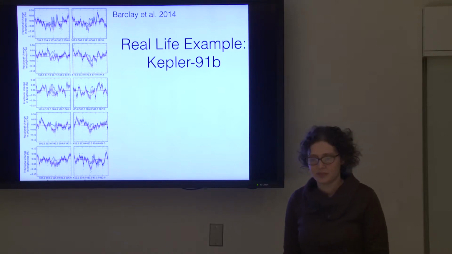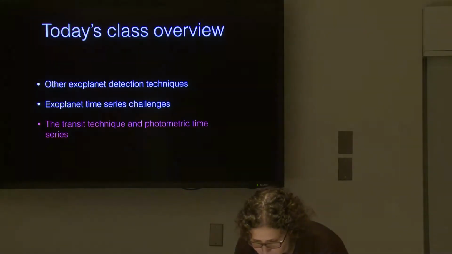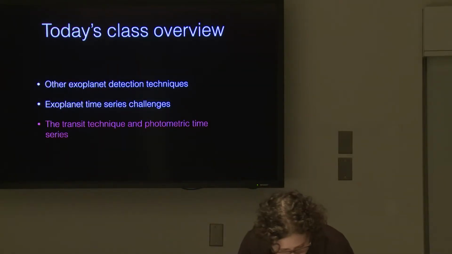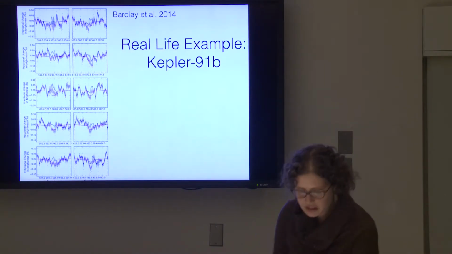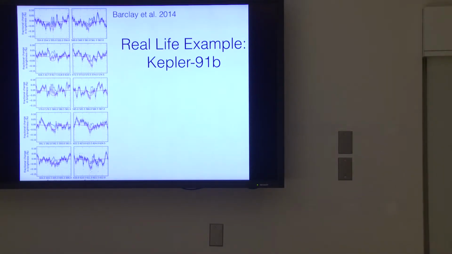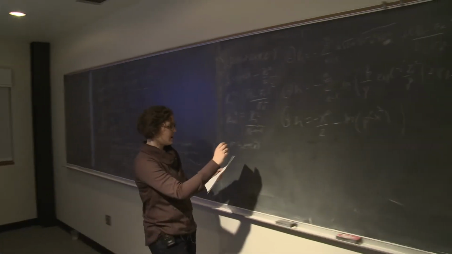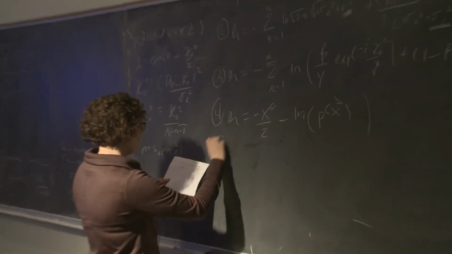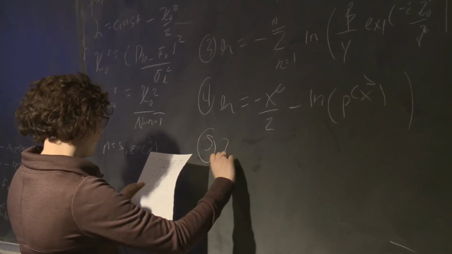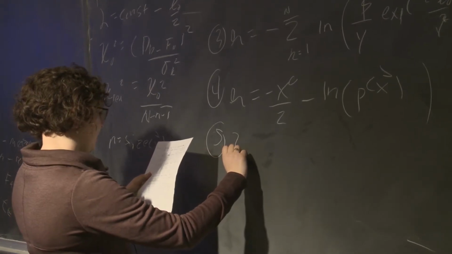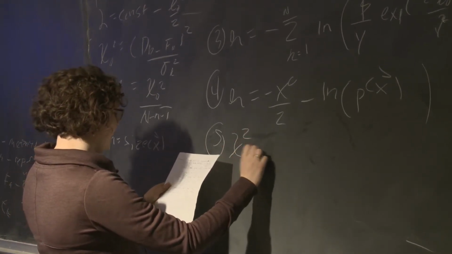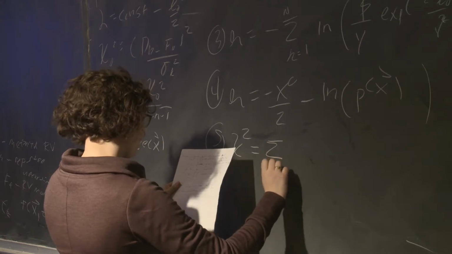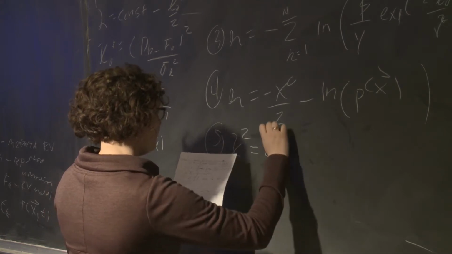That leads into the final part of the class. Actually, I'm just going to lead in a little bit more by discussing how we could modify the likelihood function. So we could modify the likelihood function such that we replace the chi-squared with this.